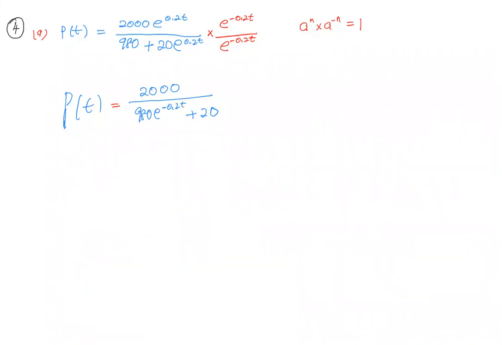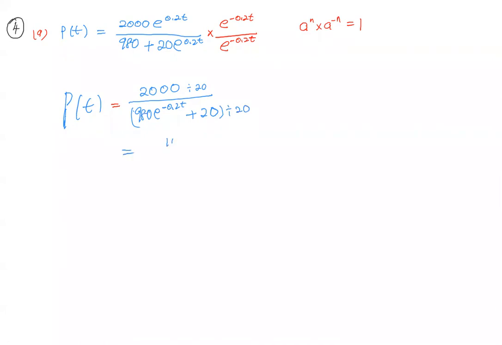Okay. So is that all? What else should we do? Everything divide by top and bottom divide by 20, correct?